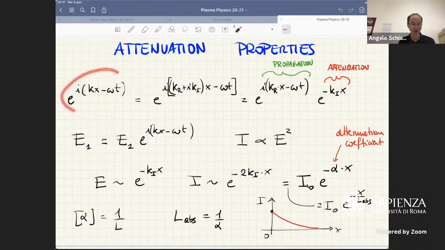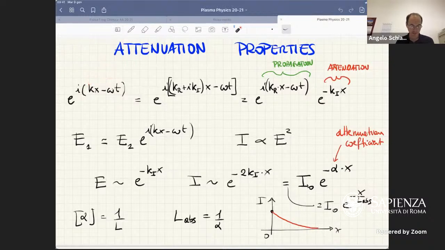We always remember that we are expanding our solution on the basis of plane waves, which are described with a complex notation by an exponential. In this case, x is the direction of the wave, k is the wave number, so it's linked to the wavelength of the wave by the relation that k is equal to 2 pi over lambda.